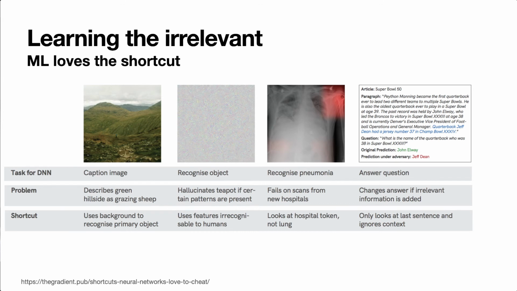So it turns out that when you ask this kind of neural network to learn to caption images, then it learns associations like a green hillside must be grazing sheep. And even if you feed it a green hillside that has no sheep in it, it will produce an image label of sheep, okay? Because it learned some weird structure in the data there.